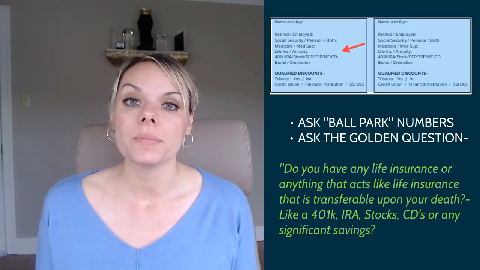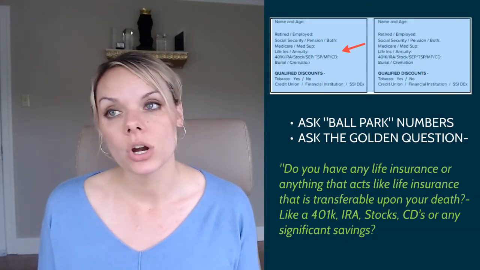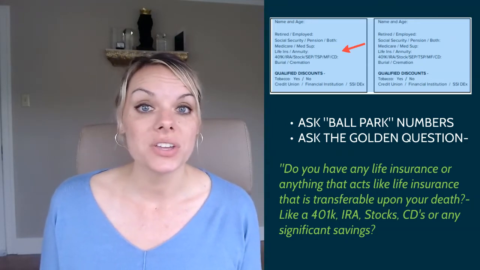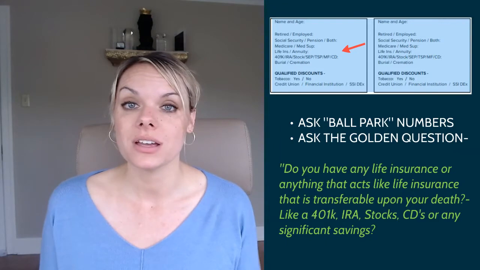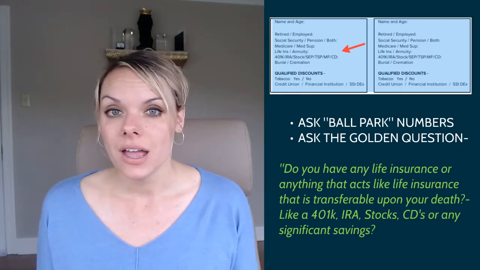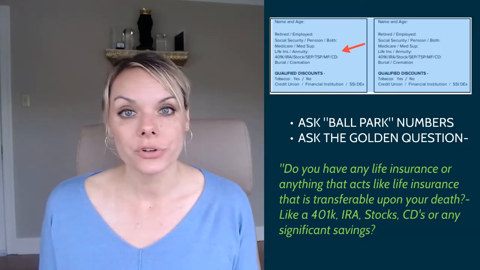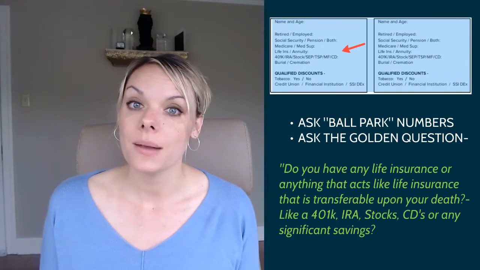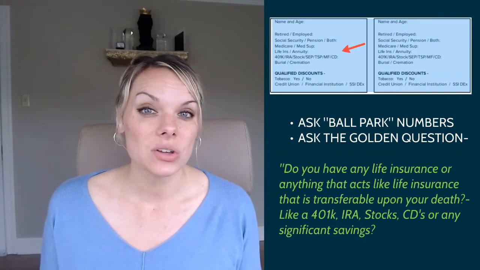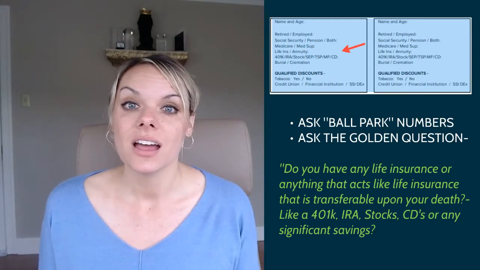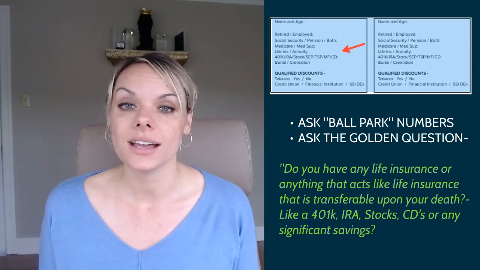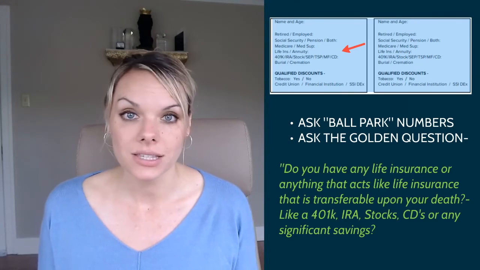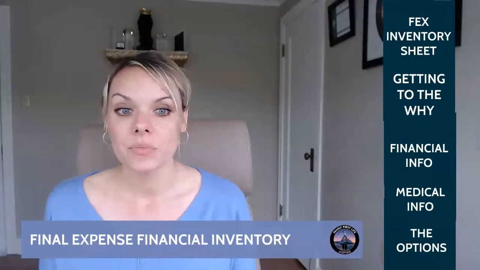This is going to open up the opportunity. One, you want to make sure what do they have so that way you can get a good inventory and be able to address what they will need, as well as opening up opportunities for you to help them further with perhaps an annuity opportunity. So again, ballpark numbers and asking the golden question. This is the blue section, which is the second section that you're going to be addressing during your financial inventory.